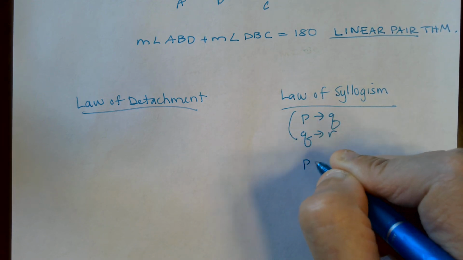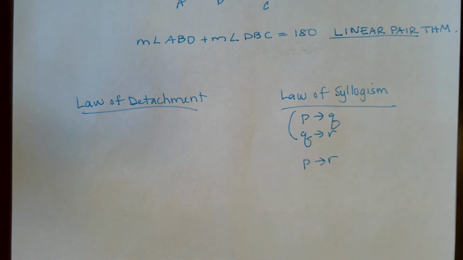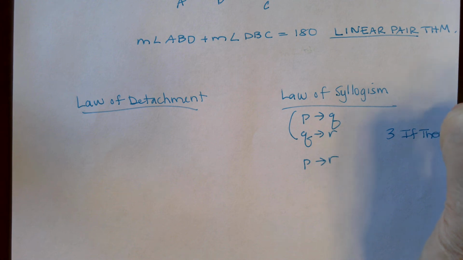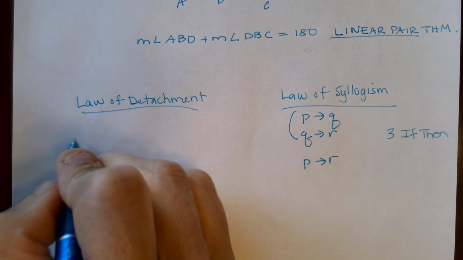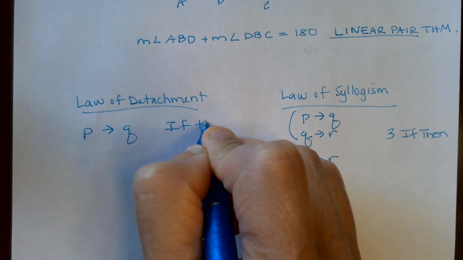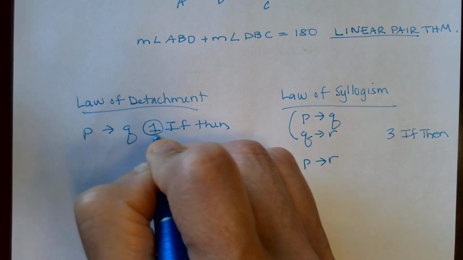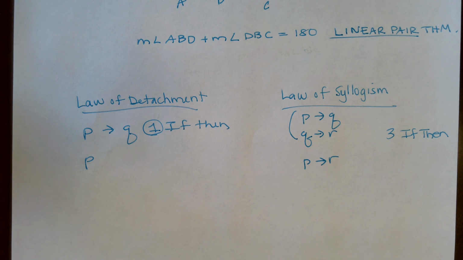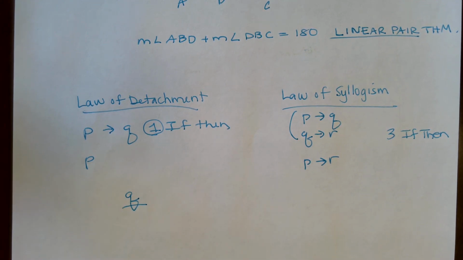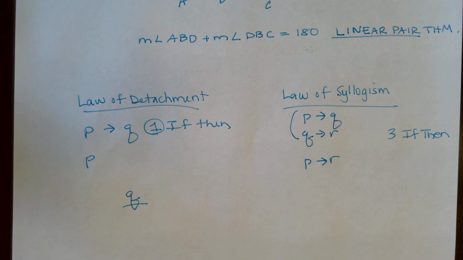If those are true, then you can conclude that. There's 3 if-then statements. Whereas a law of detachment gives you 1 if-then, and then it'll give you a statement, and then you make the conclusion. So let's talk about an example for that.